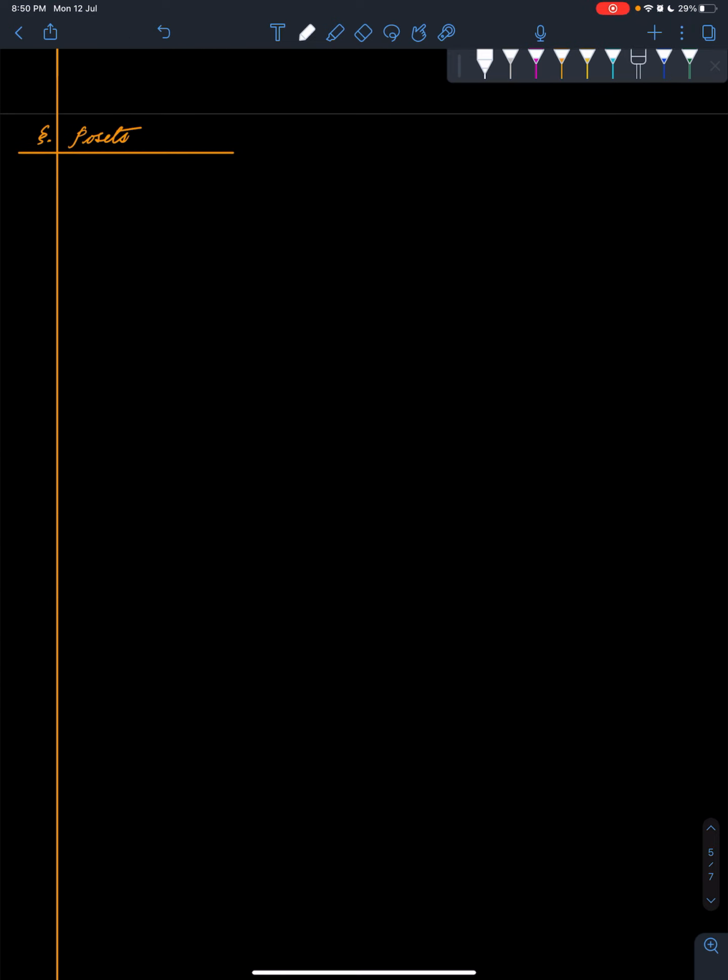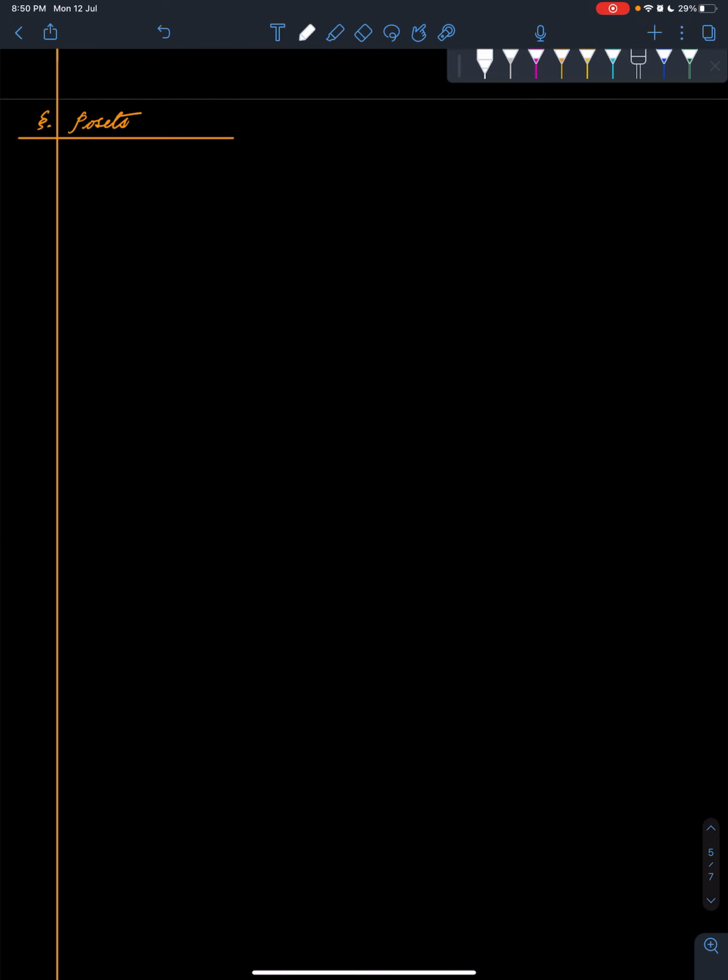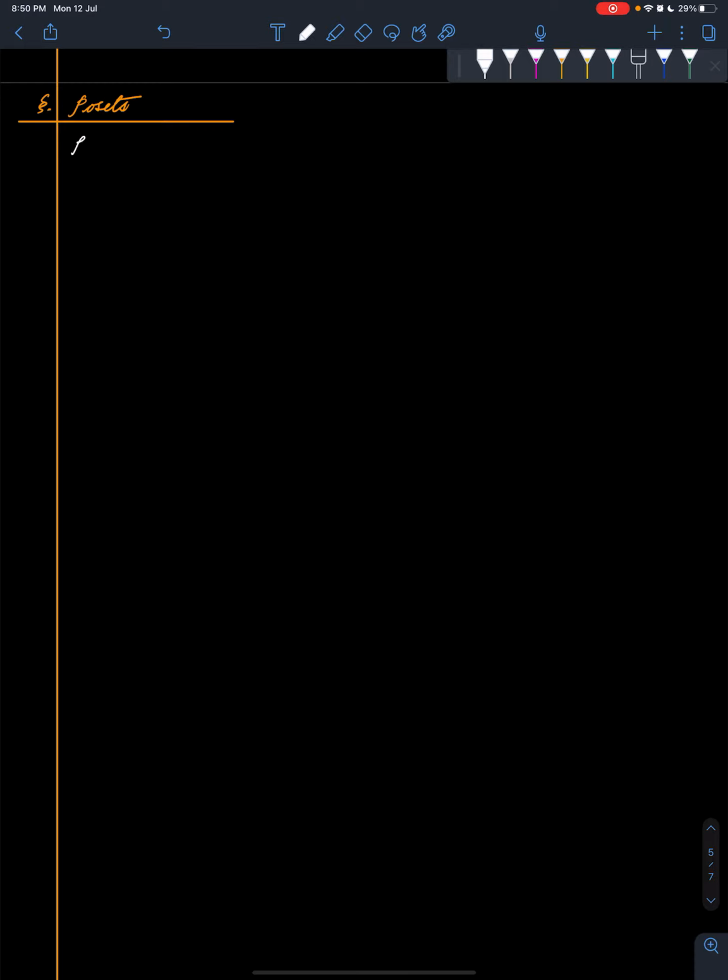Okay. Another very important class of objects in mathematics are posets, or partially ordered sets, as fundamental as graphs. So here is how we define them. So let P be a set.